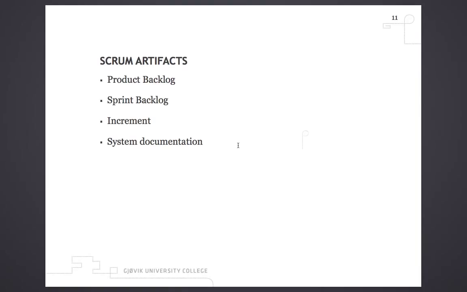It's the working software that you have afterwards. Exactly. And you also produce some system documentation. Either the system is self-documenting by annotating classes and so on, or you produce documentation of how to use the user interface as you go on.